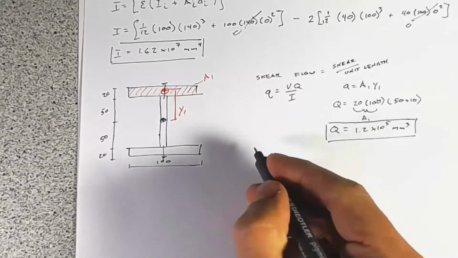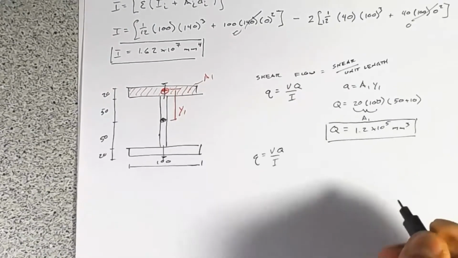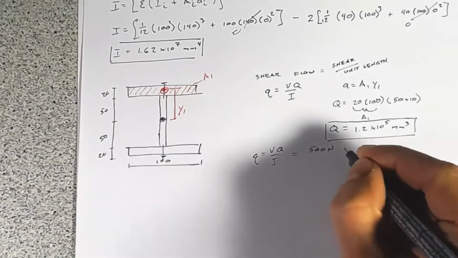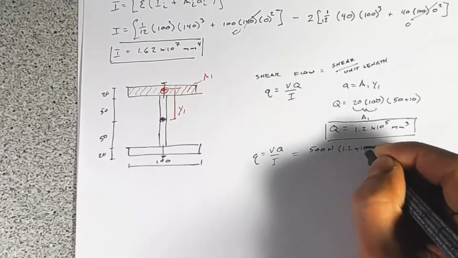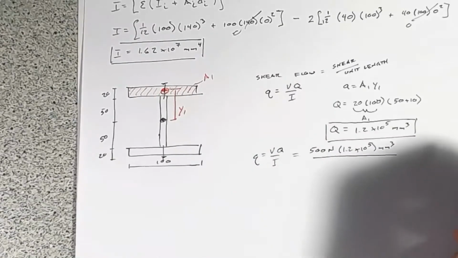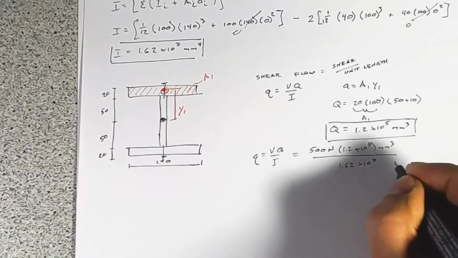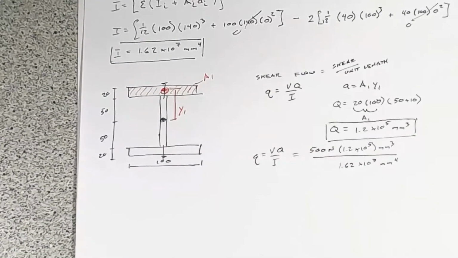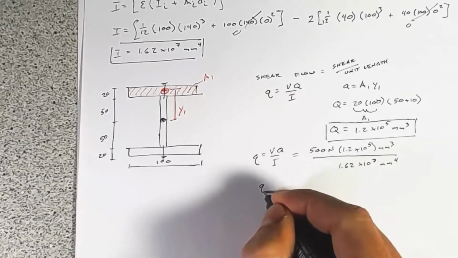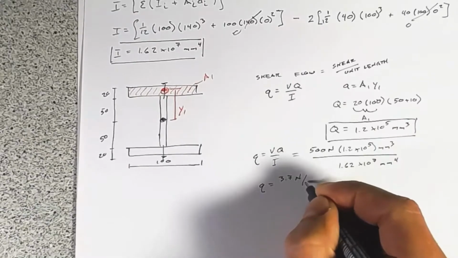So shear flow q equals VQ over I, that's going to equal 500 newtons times 1.2 times 10 to the 5th millimeters cubed over 1.62 times 10 to the 7th millimeters to the 4th. We work all of that out, we get q equals 3.7 newtons per millimeter.